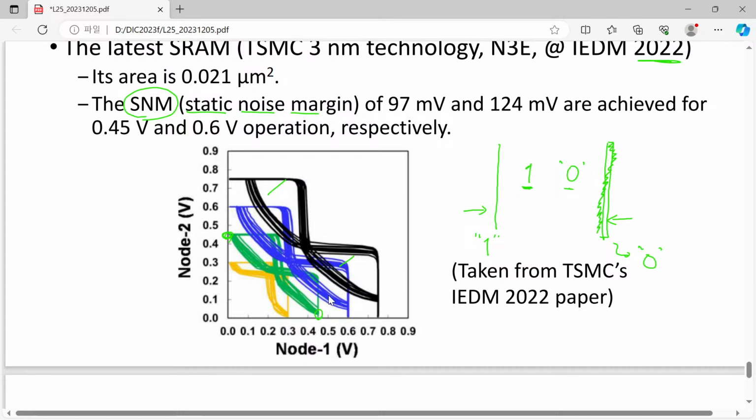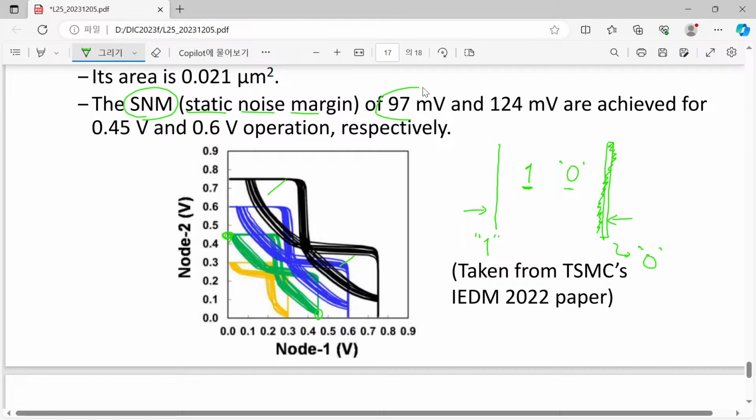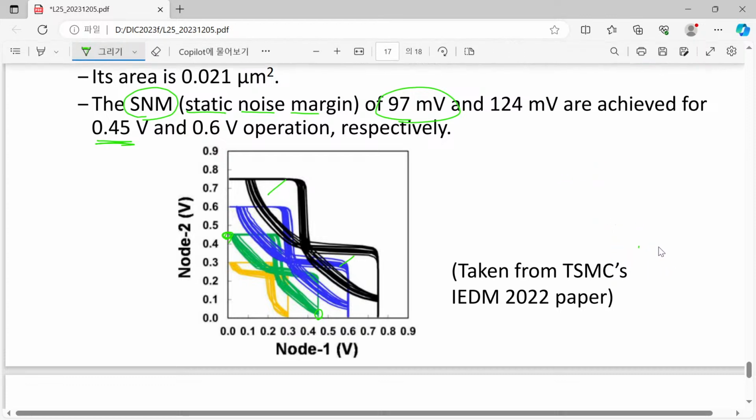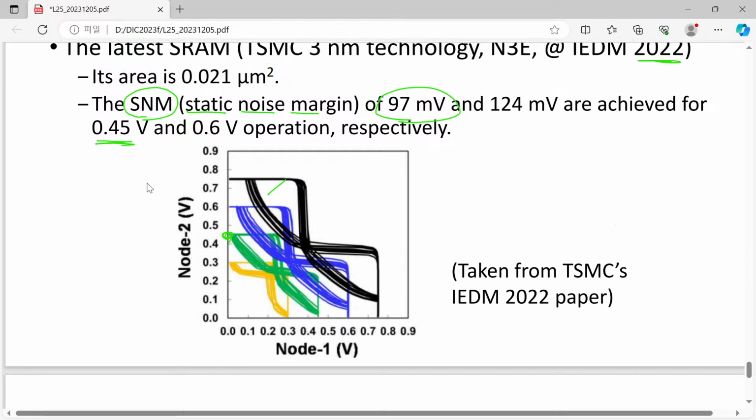Yes, this green line corresponds to operating your SRAM at 0.45 volt, and still you can see a certain noise margin, which is given by 97 millivolt, quite close to 0.1. Since VDD is just 0.45, this is quite a lot, so it means that even with this low power operation or low VDD operation, we can have a working SRAM.